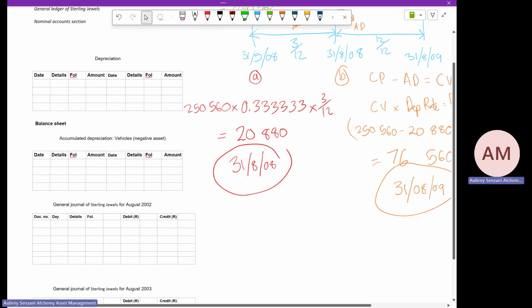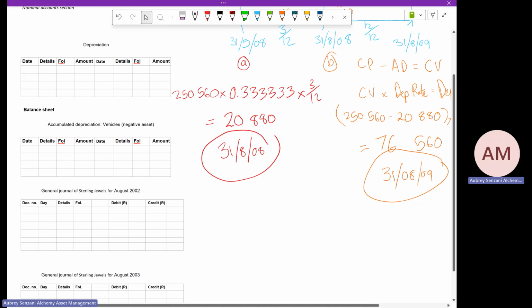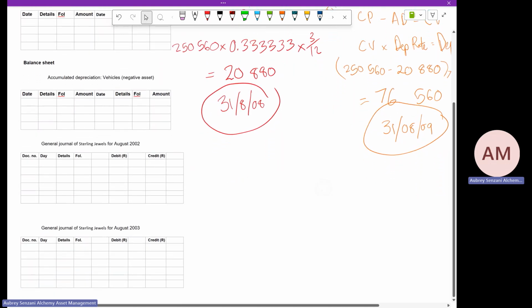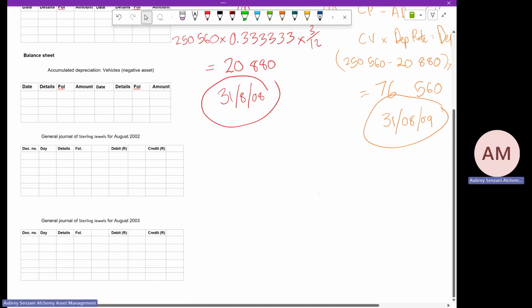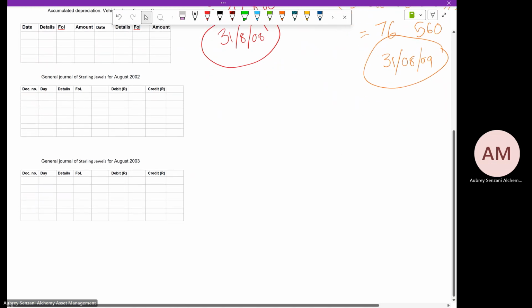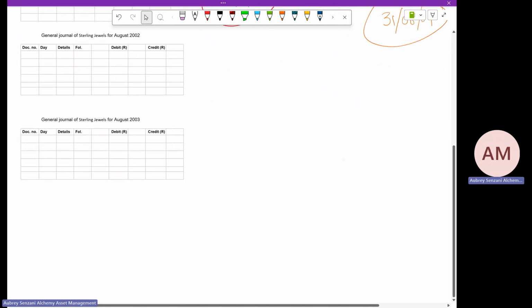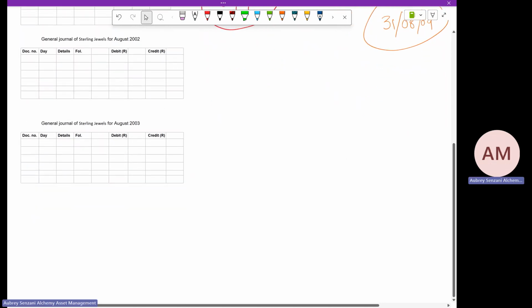Right, so our next step is to record what has happened here. They started off by asking us to do this in the general ledger. But we know from our bookkeeping cycle that we start all our recording into the books in the general journal. So that is where I want us to start.